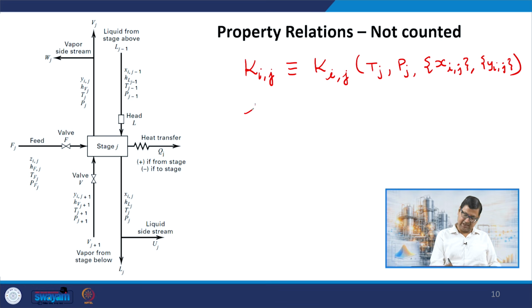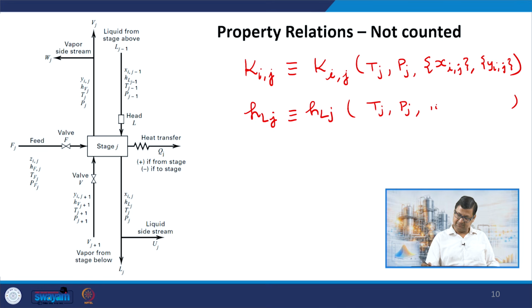Similarly, I also have a liquid enthalpy that is also going to be a function of Tj, Pj, and only the Xij more specifically, not the vapor.